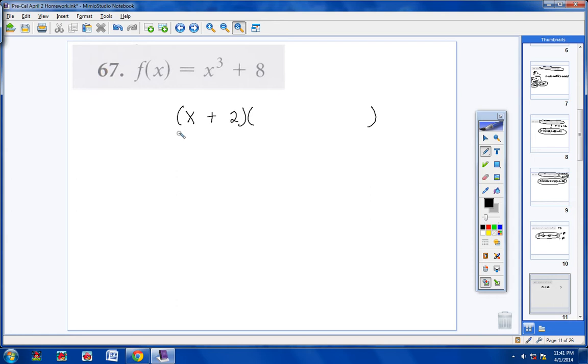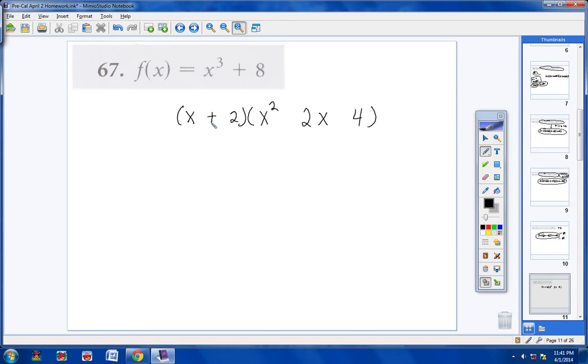Now whatever this term is right here, your x, you multiply that by itself. X times x is going to be x squared. And then whatever this term is, you multiply it by itself. 2 times 2 is 4. It goes right here. And then you multiply the two terms together, and x times 2 is 2x.